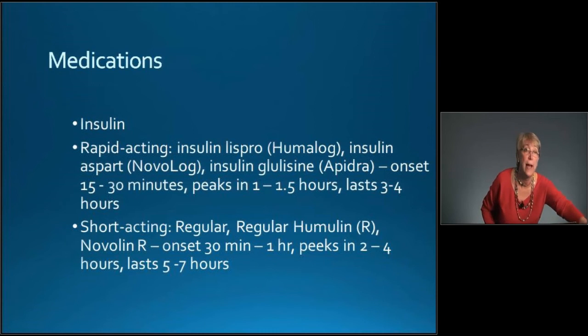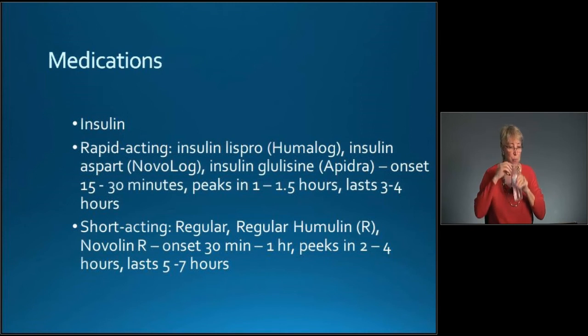Then we have our short acting insulins, and that's your regular Humulin R, for instance, and your Novolin R. The onset of these is 30 minutes to an hour, peaks in 2 to 4 hours, lasts 5 to 7 hours. Now these insulins are usually the ones that we use for prandial coverage for those sugar surges during meals.